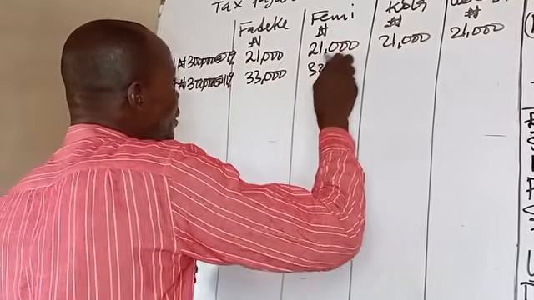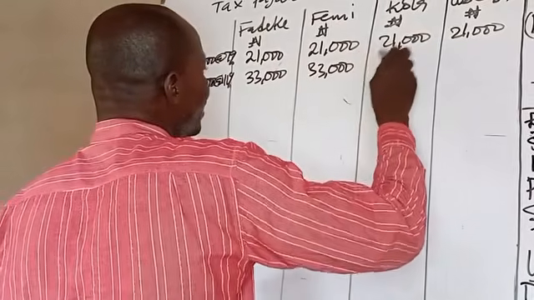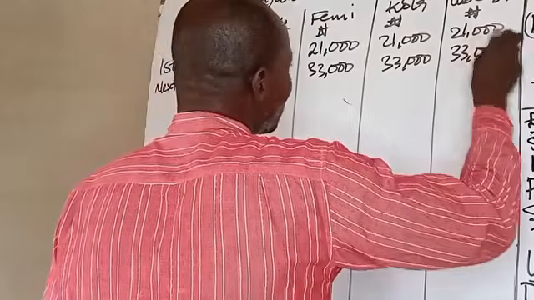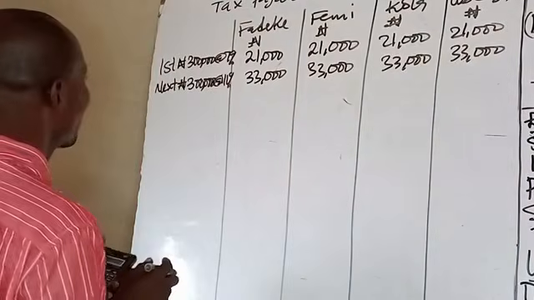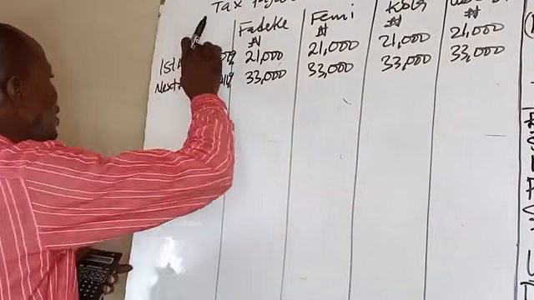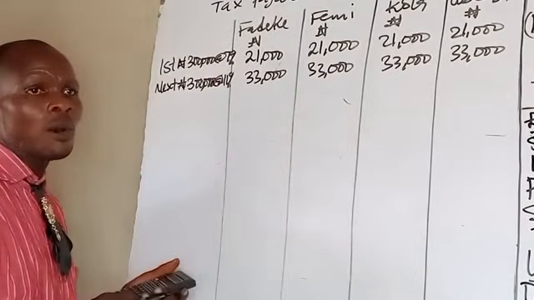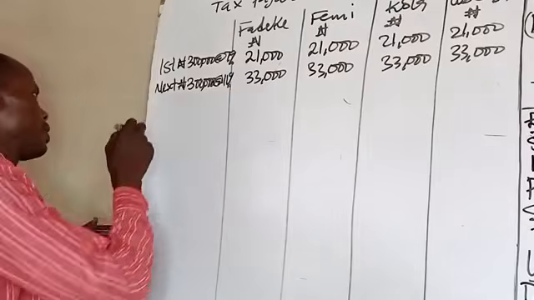You've considered 600,000 naira so far out of the income of over 20 million.